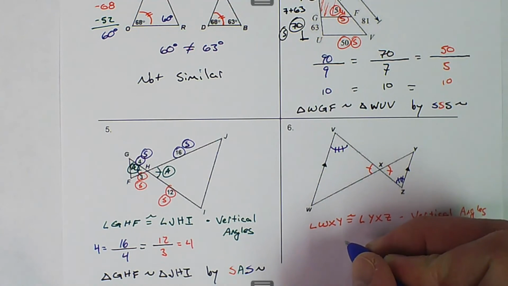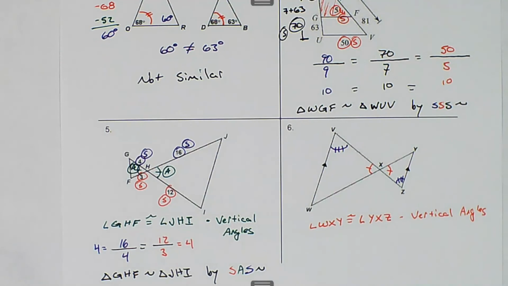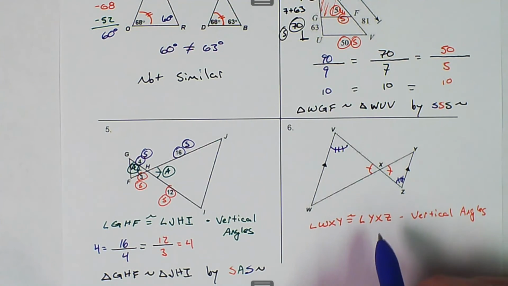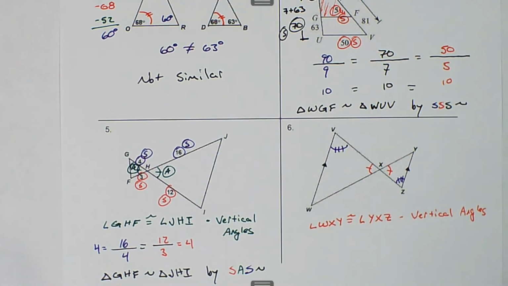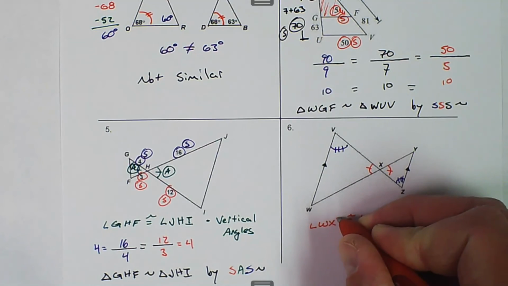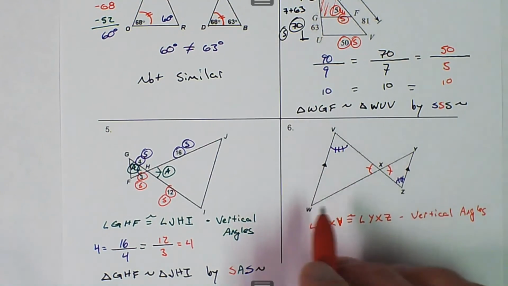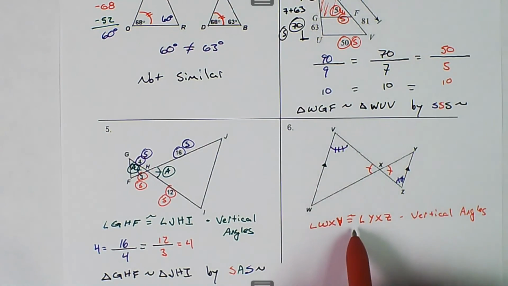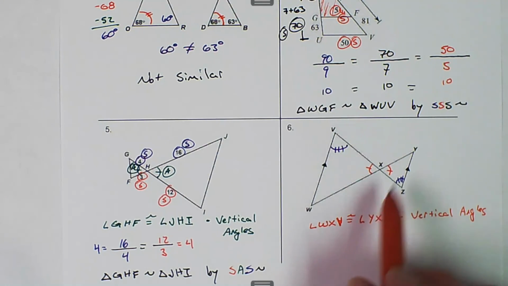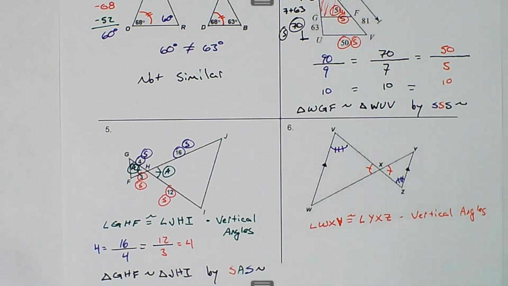This is supposed to be WXV right here. I'm not sure if I said V or wrote V, but that should be WXV is congruent to YXZ.